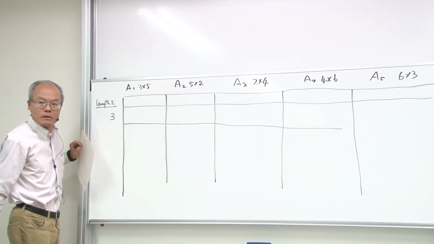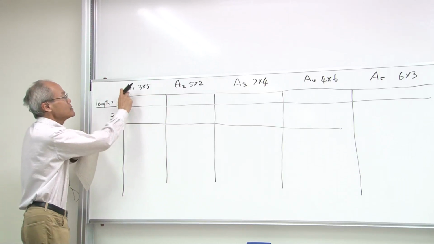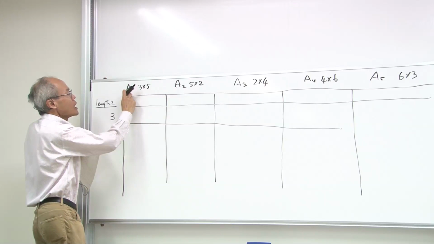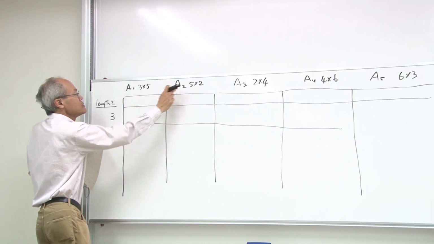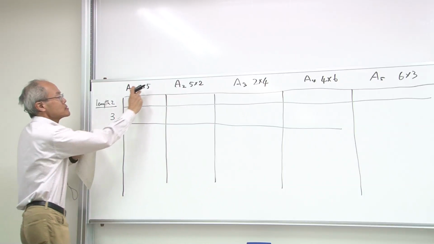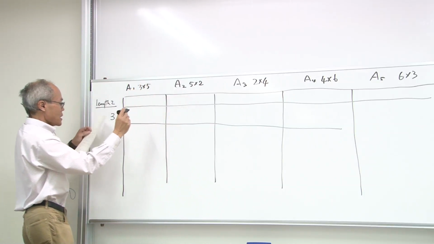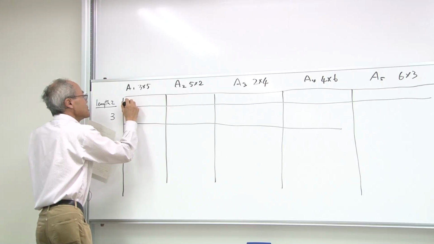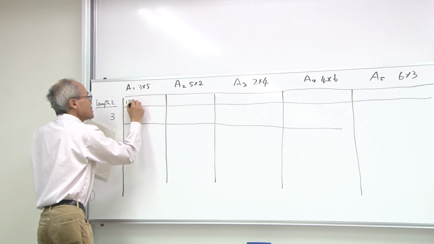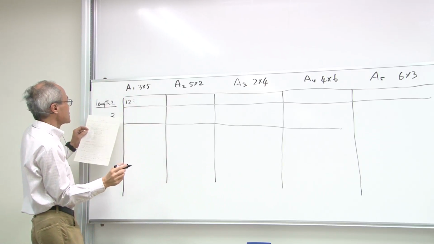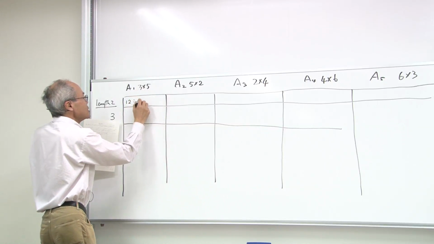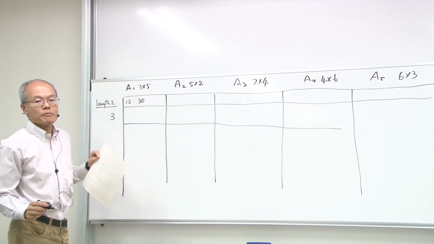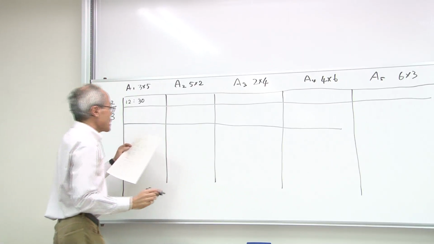Okay. So starting from A1, we need to multiply 2 matrices, that means A1 and A2. How many operations? 3 times 5 times 2. So this is 1, 2. Multiply 1, 2. That is 3 times 5 times 2, which is equal to 30. This is 30 operations. Now the same thing.